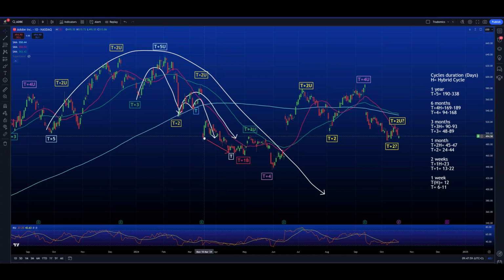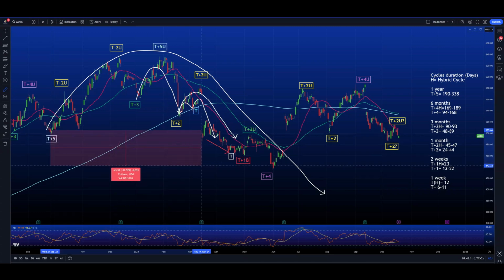We have the breakup of that low with this candle that occurred on the 15th of March 2024. Because here we were having a T plus 5 yearly downward cycle, the break occurred after 116 bars. So I was saying in that video that for the rest of the time of a T plus 5 we could have a downward trend.